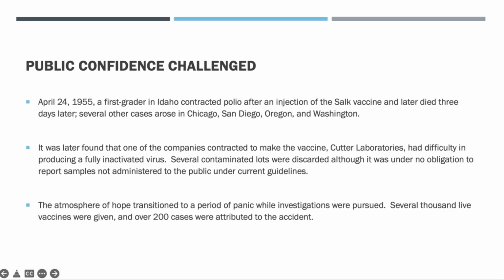And it turned out that some of that lot had actually gotten out into the public. And so there was a short period of panic there while the investigations ensued. But once it was identified what the source was, the public support was quickly regained after it became clear what had happened. But over 200 cases were attributed to that accident early on.